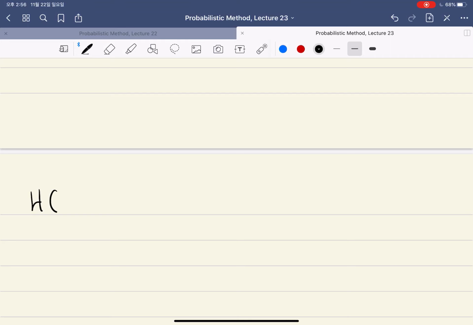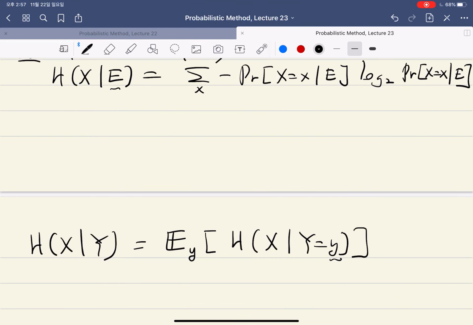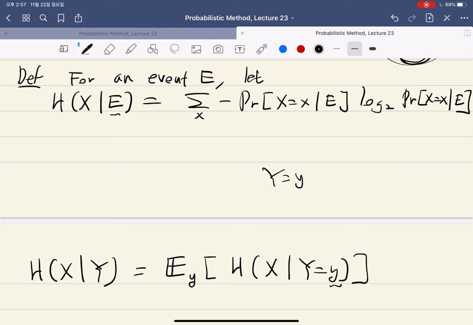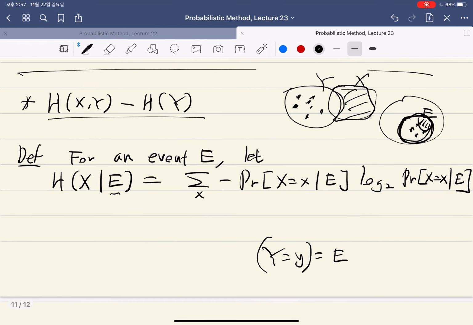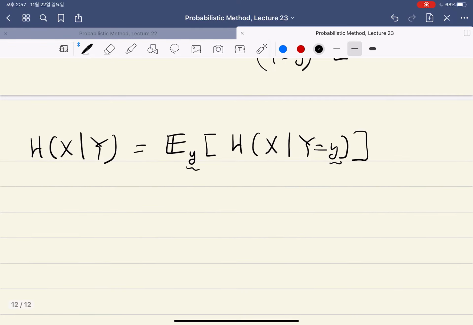So we can consider this conditional entropy of X conditioned on Y as the expected entropy when Y is given. Assume Y is given, then this is an event, and that event shrinks the probability space. Assuming that, we measure how much X shrinks, and we average out over all Y. Then this is the expected additional number of bits of information that we get from X, knowing Y.